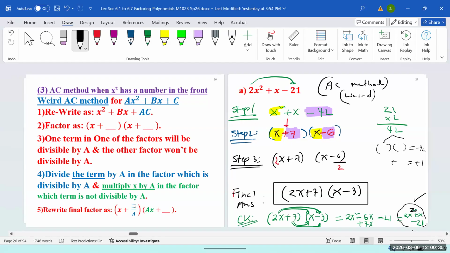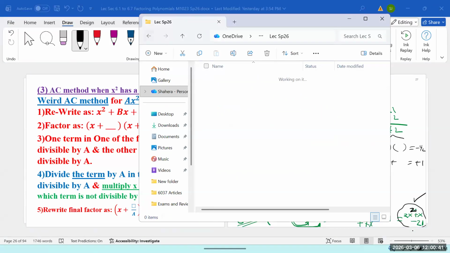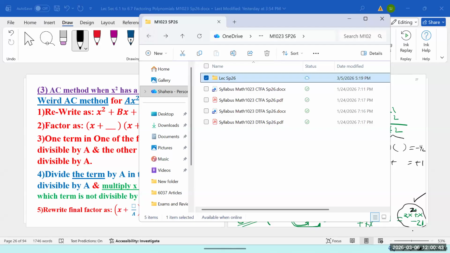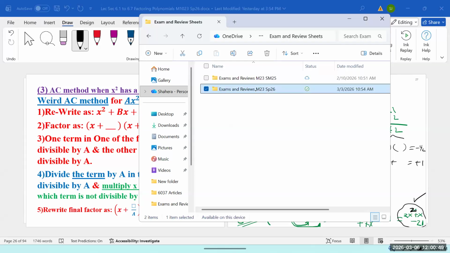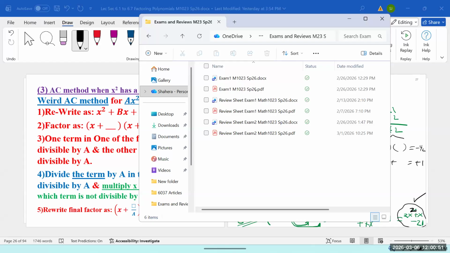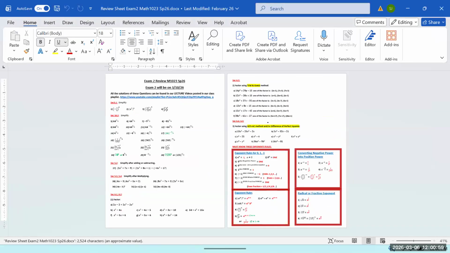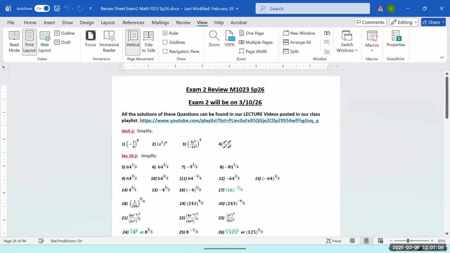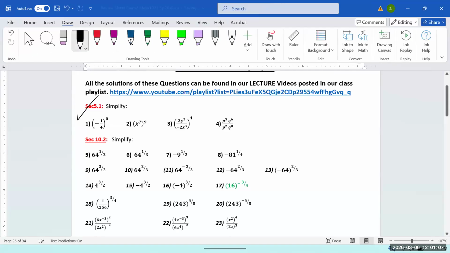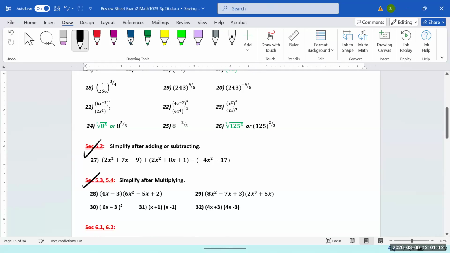So in your exam, let me take out the review sheet. So definitely we'll have 5.1, 5.2, 3, 4, 5.